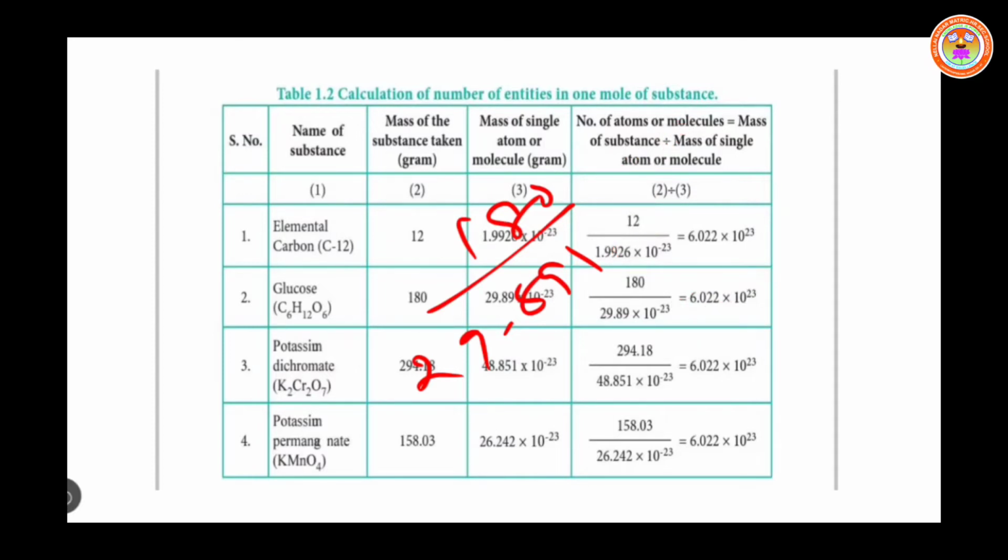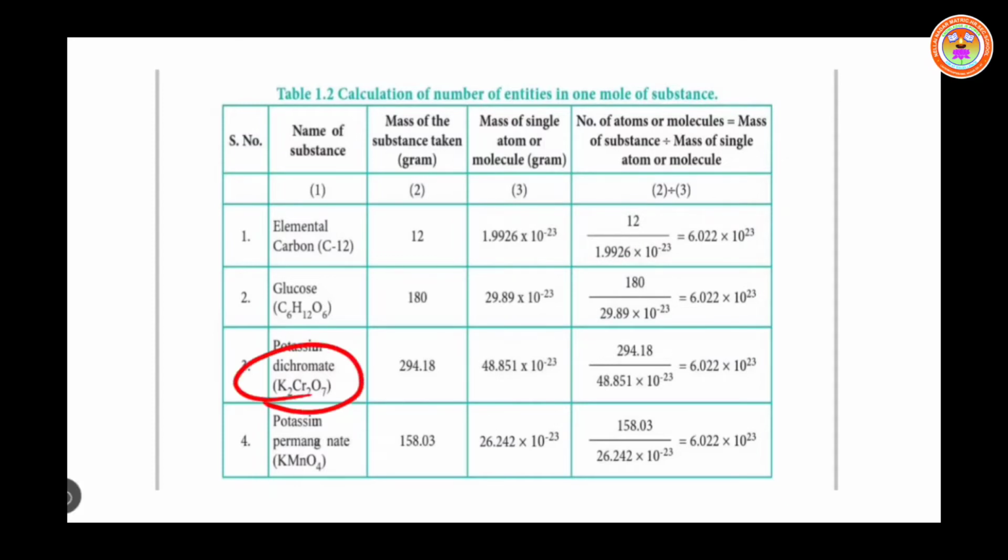Similarly, we can calculate the number of molecules present in 294.18 gram of potassium dichromate. The formula of potassium dichromate is K2Cr2O7. If we calculate the number of molecules in 294.18 gram of potassium dichromate, the value will be 6.022 into 10 to the power 23.